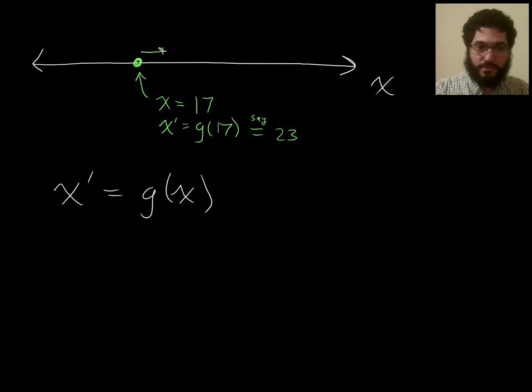So you're going to move to the right. On the other hand, if maybe you got negative 23 here, then you would move to the left. So this is what's special about autonomous differential equations, is that where you are on the phase line determines completely where you're going to move next.